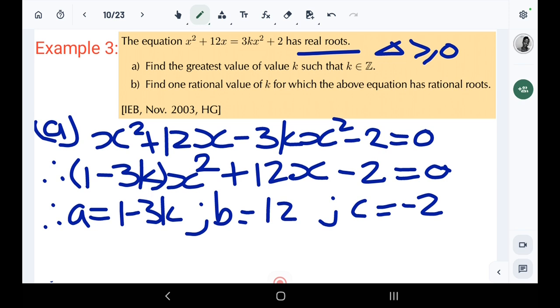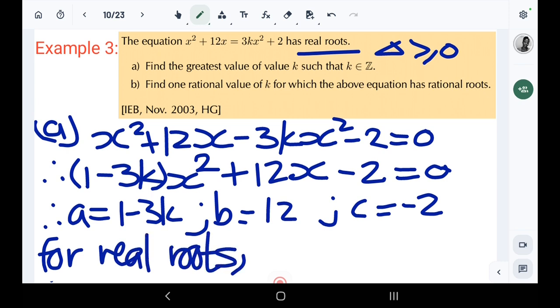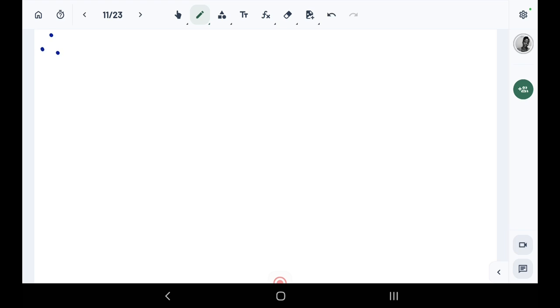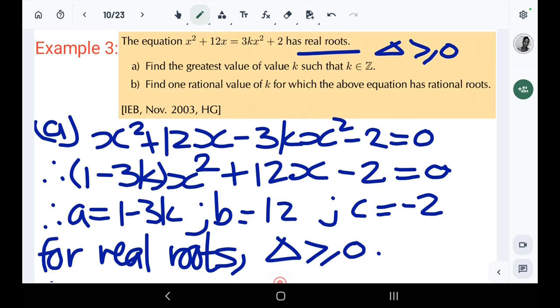They say the equation has real roots. Then find the greatest value of k such that. Now we know that for real roots, delta, which is the discriminant, must be greater than or equal to 0. Therefore, we find b squared minus 4ac is greater than or equal to 0, meaning that b is equal to 12.